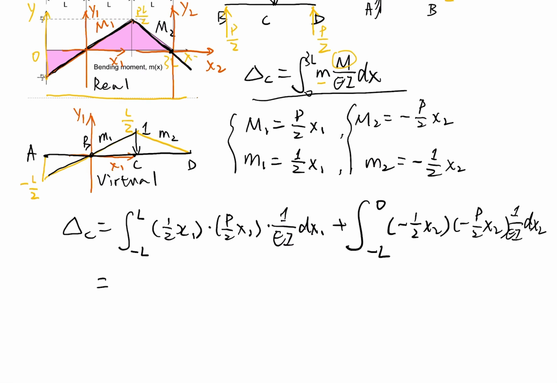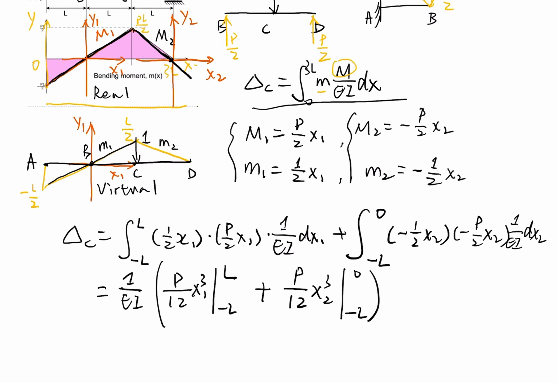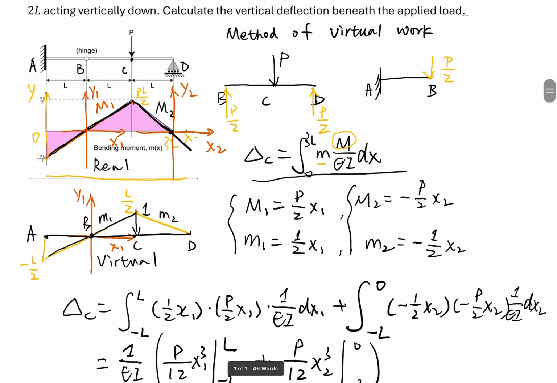Here it will be 1 over EI, and it is 1/12 p x1 cubed from negative L to L, plus the same over here, 1/12 p x2 cubed from negative L to 0. If we evaluate these two terms, we get the result p L cubed over 4EI. So this is the method of virtual work.